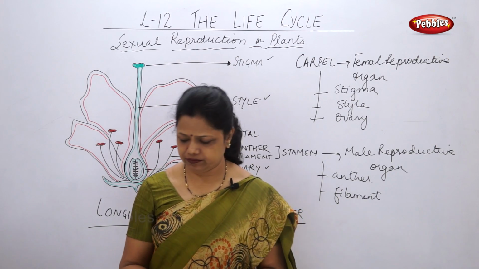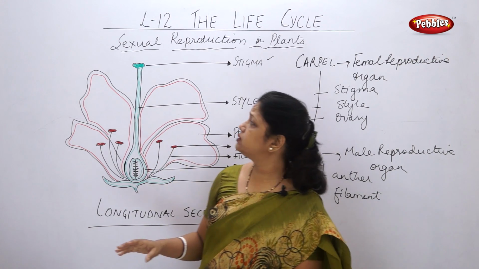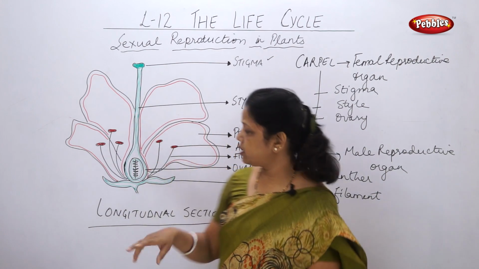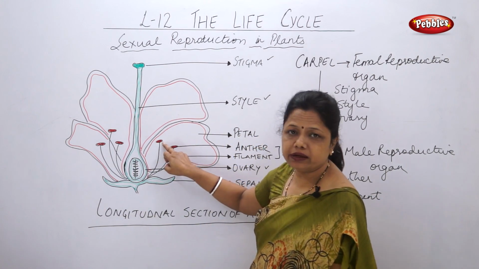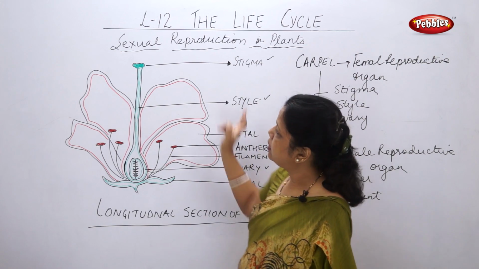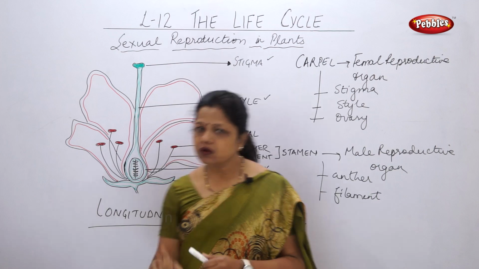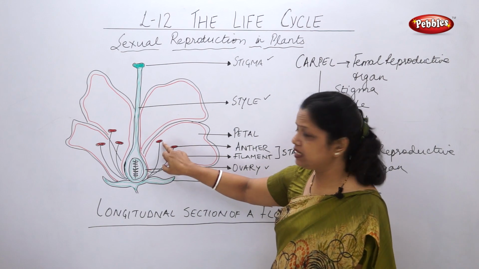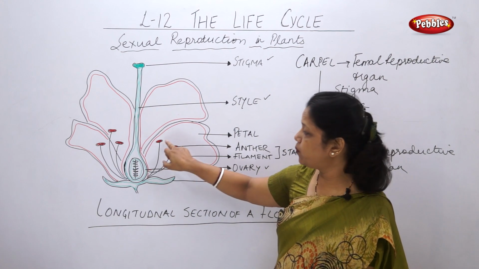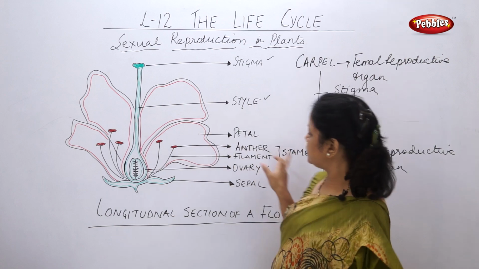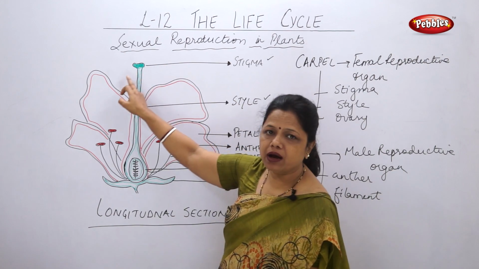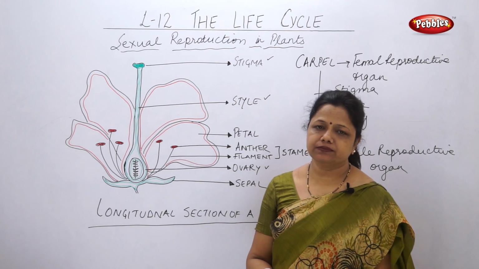What is pollination? Pollination is the process of transfer of the pollen grains from the stamen to the stigma of the carpel. The process of transferring the anther or the pollen grains from the stamen to the stigma is called pollination.